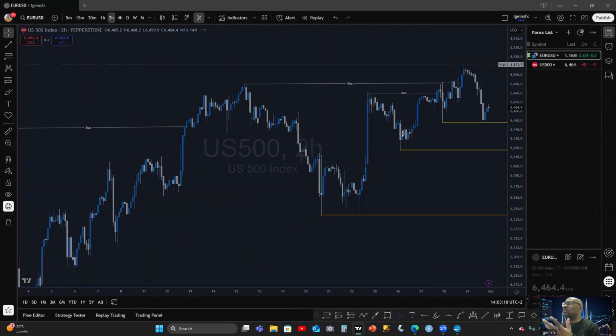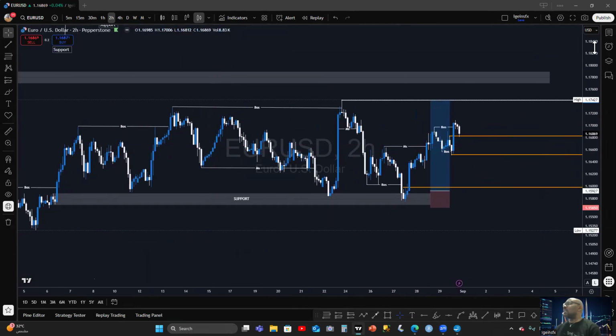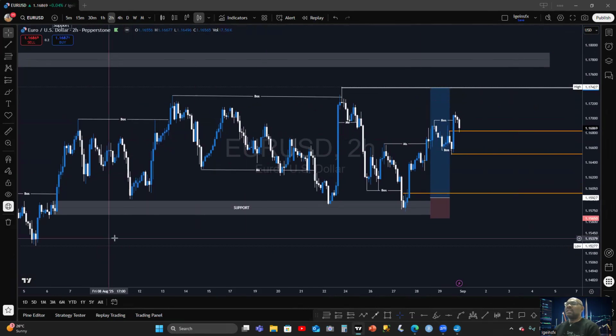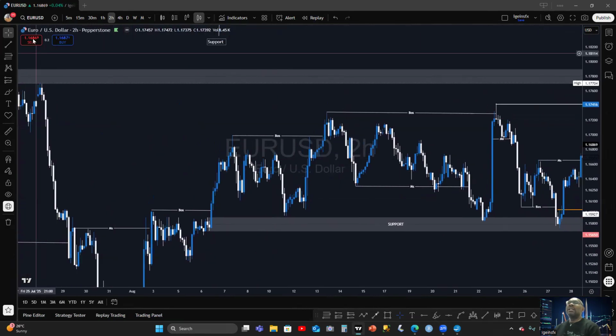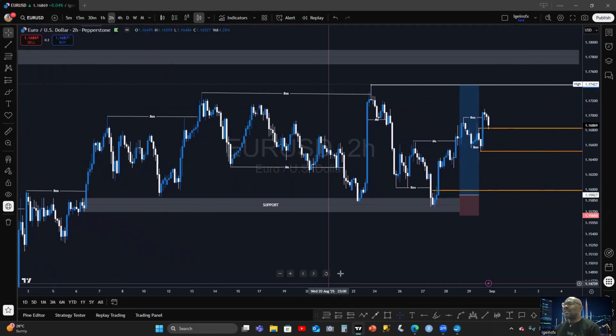Let's say we go to Euro USD. As I've selected it, the chart you see now is Euro versus USD. And like I've taught you guys, the first one on the left, the euro, is the base currency, while the second one on the right, the USD, is the quote currency.